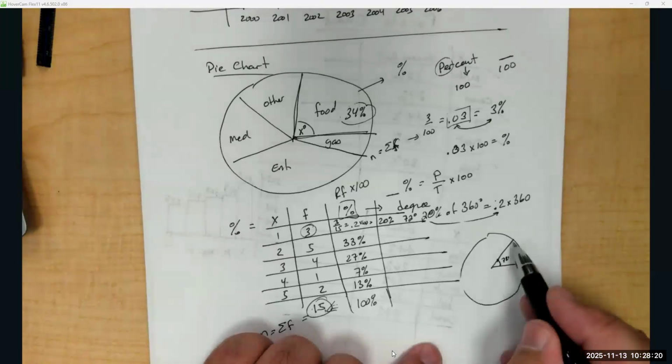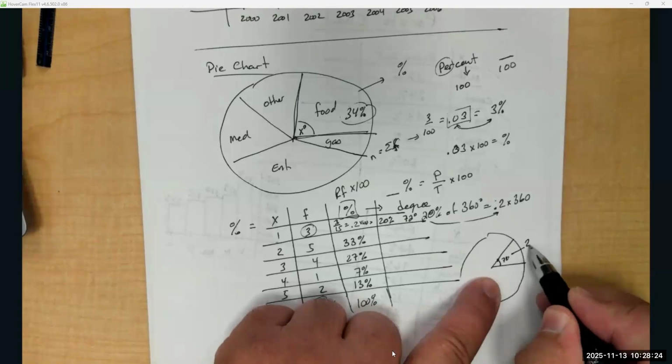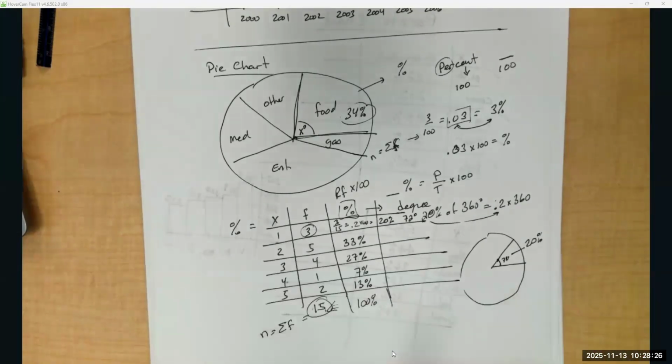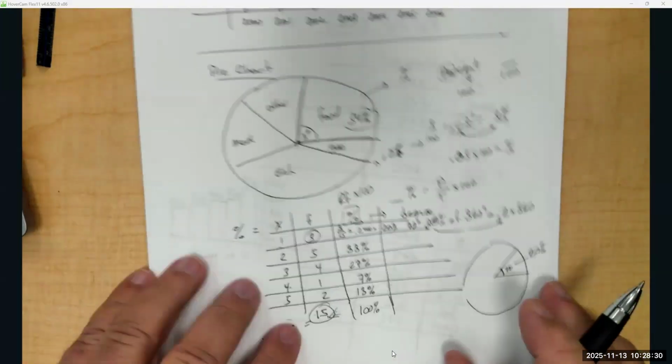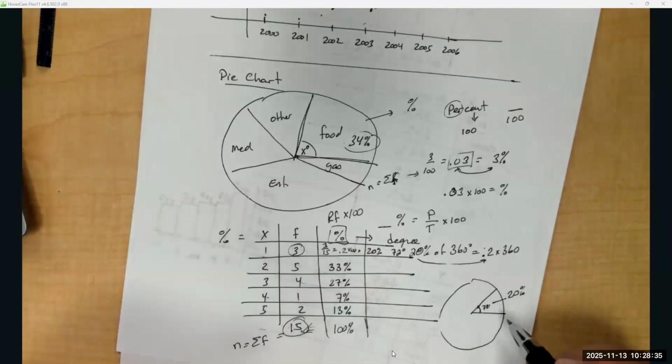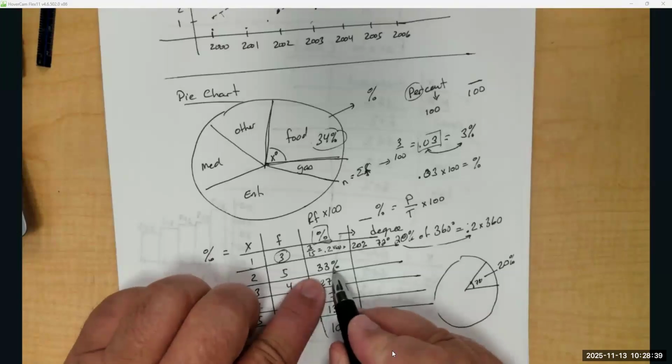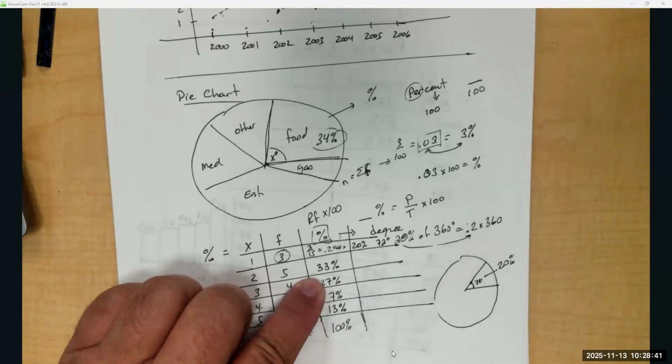That tells us where the next line is. So now I know that inside there is 20% of my data. You have to tell me how much is in there. The degrees simply help you draw the picture. The stuff inside there is still a percent. Now for the next one, what is 33% of 360?